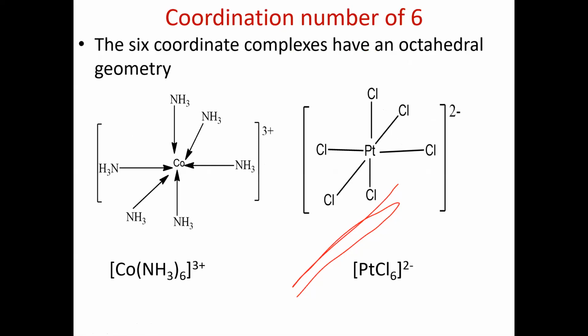And for coordination number of 6, with 6 donor atoms coordinated to your metal, this is your octahedral complex.